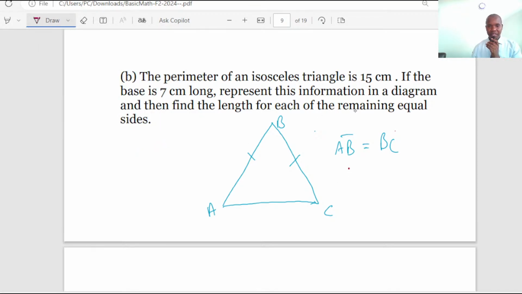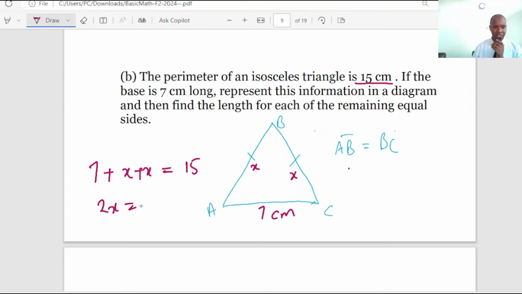So if AB equals to BC, we were informed that the base is 7 centimeter long. So here is 7 centimeter. And the remaining two equal sides, you can name them to be x, and the other one is going to be x. But the perimeter is given to be 15 centimeter. So taking 7 plus x plus x, we expect to get 15 centimeter, dear students.